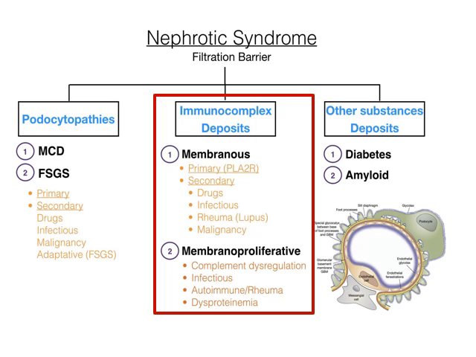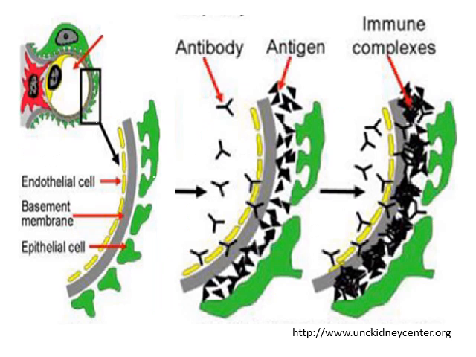Now come to immune complex deposits, first starting with membranous nephropathy. Membranous nephropathy is an antigen-antibody pathology, where there is an antigen-antibody or immune complex which comes and accumulates on the basement membrane, principally under the podocyte.